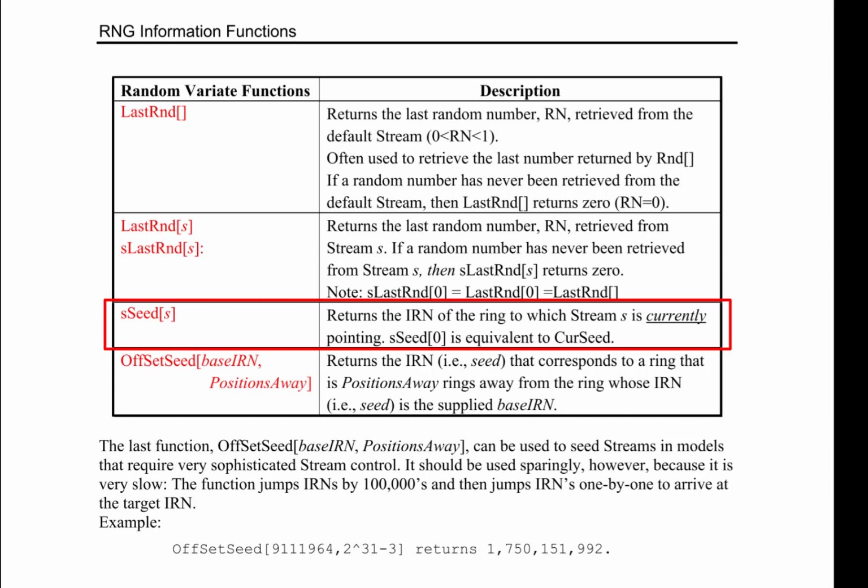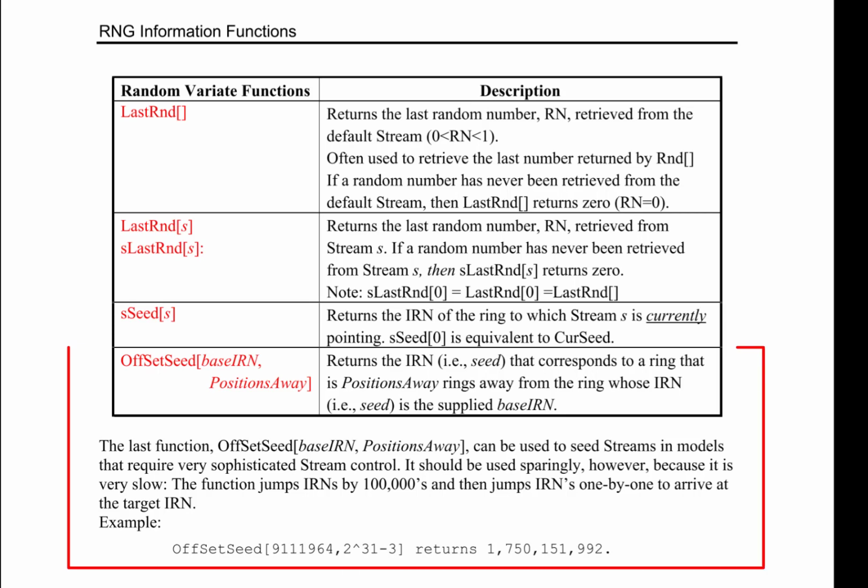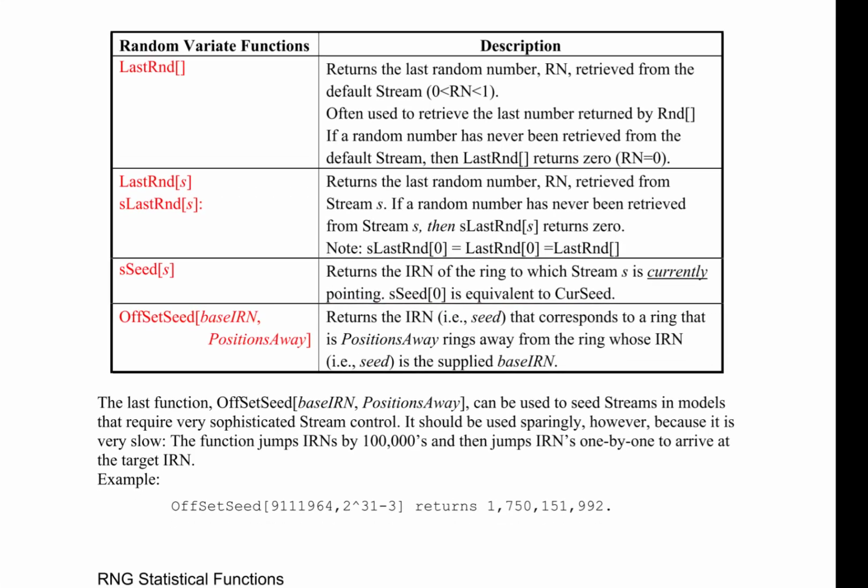Notice that sSeed with an argument 0 is equivalent to car seed. The last function, offsetSeed, can be used to seed streams in models that require very sophisticated stream control. However, it should be used sparingly because it is very slow.